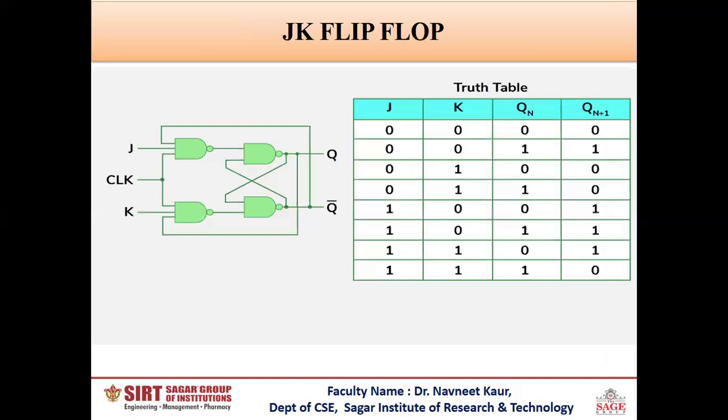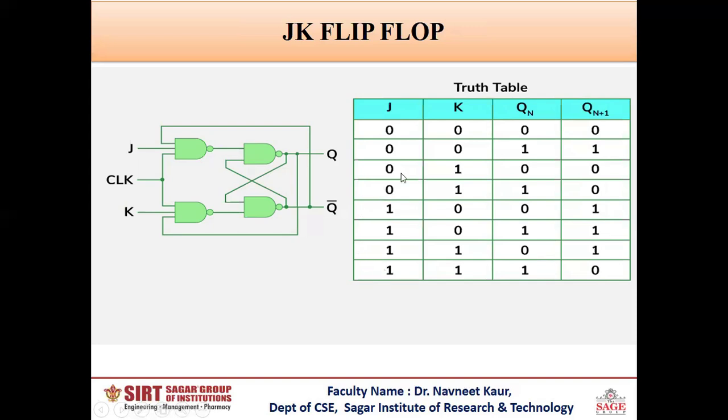Now, for Qn equal to 1 and Qn plus 1 equal to 0, we can see that this condition is meeting the criteria. Here K is 1 in both conditions, whereas J is 0 in the first condition and 1 in the second condition.